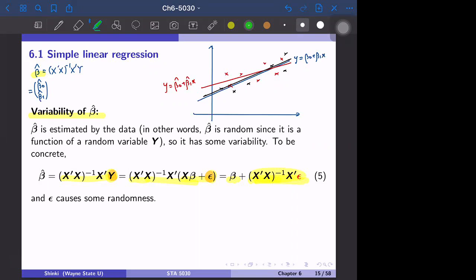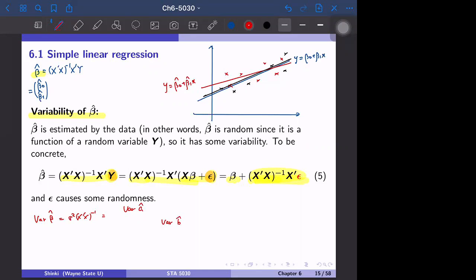And I would like to add one explanation on how to interpret the off-diagonal term of the variance of beta hat. We proved that the variance of beta hat is sigma square times X transpose X inverse. This is the variance of A hat and the variance of B hat.